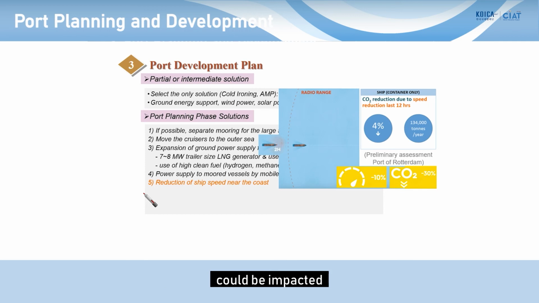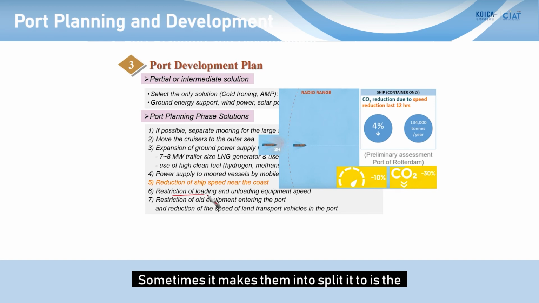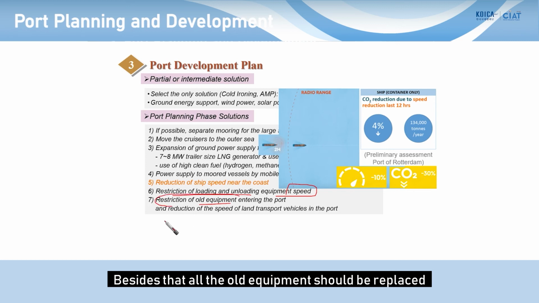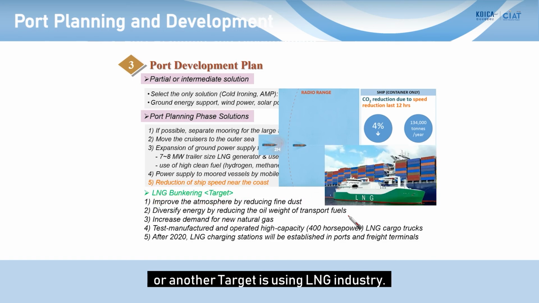Other emissions, SOx and NOx, could also be affected by the speed of the vessel. So operation management regulated by the entering and leaving rules regulates that. And sometimes the speed of loading and unloading equipment is restricted too. Besides that, all the equipment should be replaced or prohibited from entering certain ports. That is one way. Another target is using LNG bunkering.